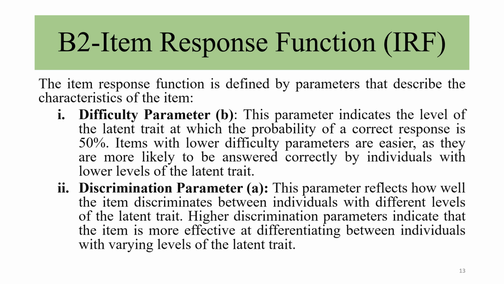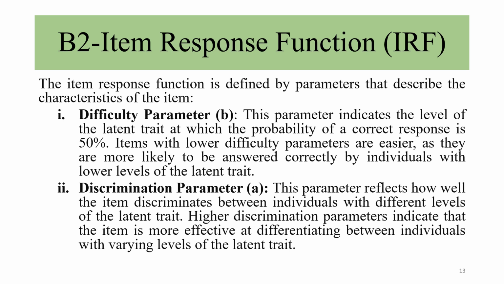Higher discrimination parameters indicate that the item is more effective at differentiating between individuals with varying levels of latent trait. So, how does the item behave with different levels of ability? How many of the lower ability level solve it, how many of the mediocre ability level solve it, and how many of the higher ability level solve it? If an item is equally good for all levels, that is not an item at all.